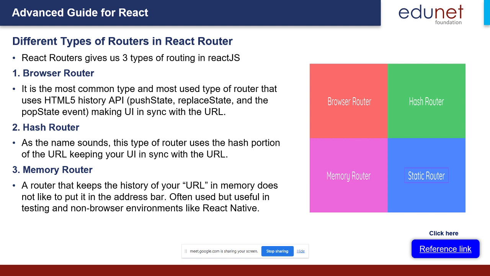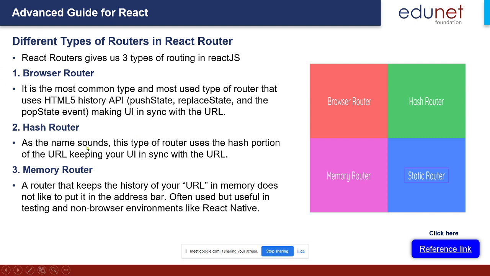Okay, so it is the most common and most used type of router that uses the HTML5 history API, pushState, replaceState, and the popstate event, making the UI synchronous with the URL. And what is the hash router?